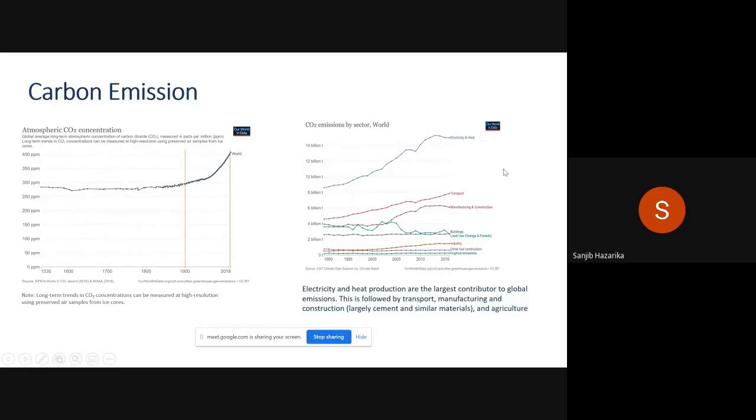And on the right side, it shows how much carbon dioxide is emitted by different sectors. If we see the topmost one, it's electricity and heat. It's the highest contributor of carbon dioxide emission, followed by the transport sector, then manufacturing and construction, then of course buildings, and there are others that also contribute.